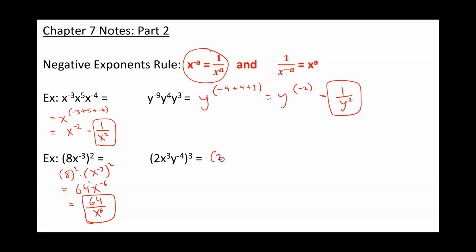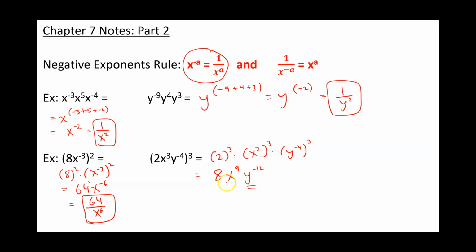Same thing over here. We have 2 to the 3rd times x cubed to the 3rd times y to the negative 4th to the 3rd. So 2 to the 3rd is 2 times 2 times 2, which is 8. We have a power to a power, so 3 times 3 is going to be x to the 9th. And then here you have power to a power. This becomes y to the negative 12th. Now the only term with the negative exponent is the y to the negative 12th.